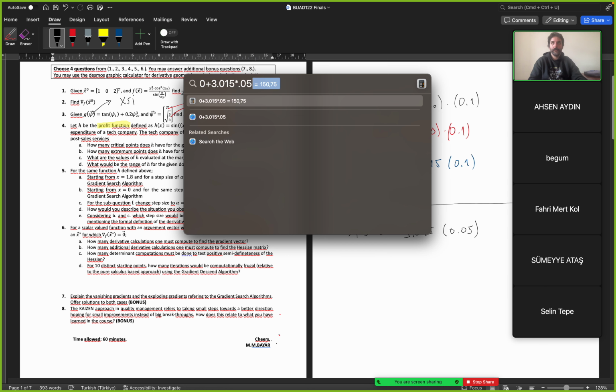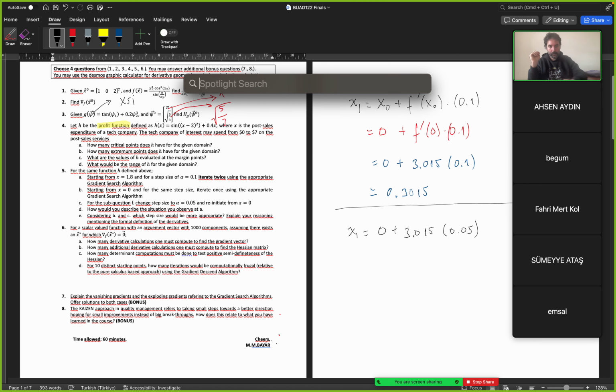Maybe I should make these dots commas. Yeah, this is better. So it's going to be 0.15075. It is roughly half the distance we traversed before with the greater step size.